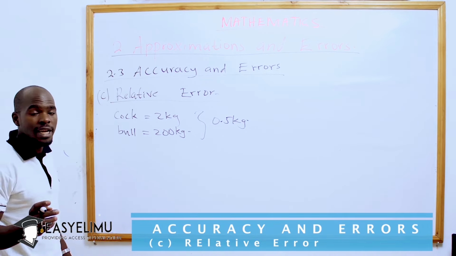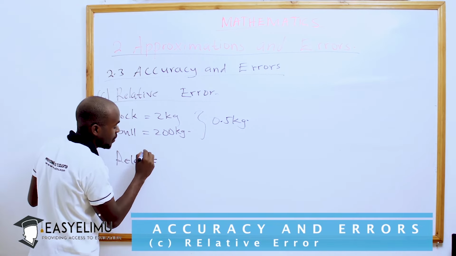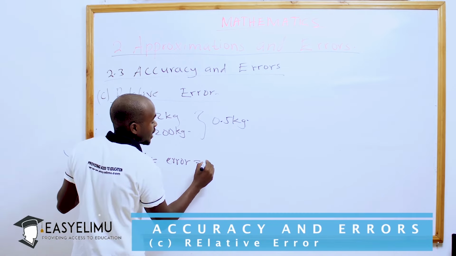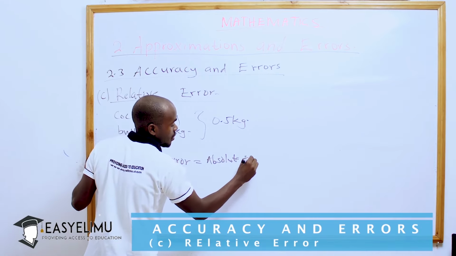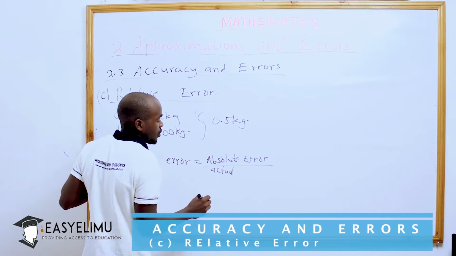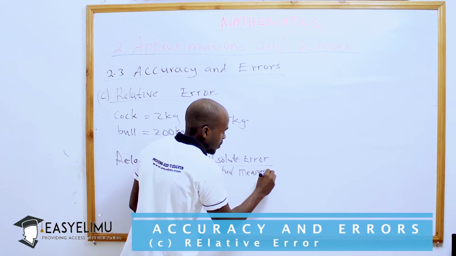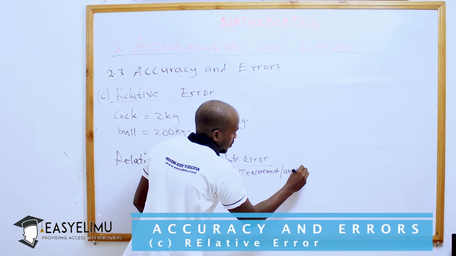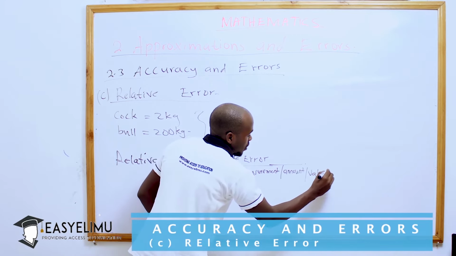And if you need to find the relative error of any given kind of measurement, it is located by taking the absolute error over the actual measurement, or actual value as it may be.